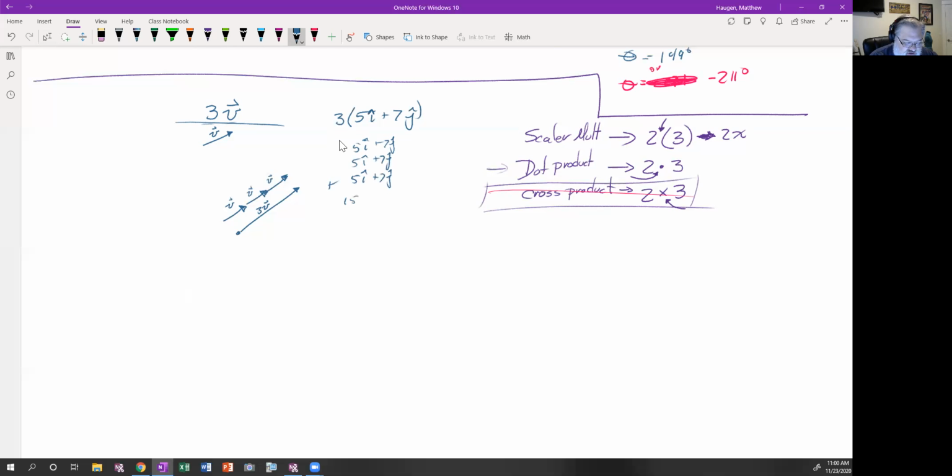That would equal 15 i's plus 21 j's. That's why we can just distribute. Fair? So 3 times 5 in the i plus 3 times 7 in the j. So 15i plus 21j. That's your 3v. Just like you'd like it to be.